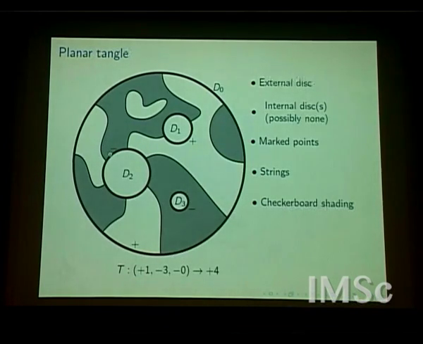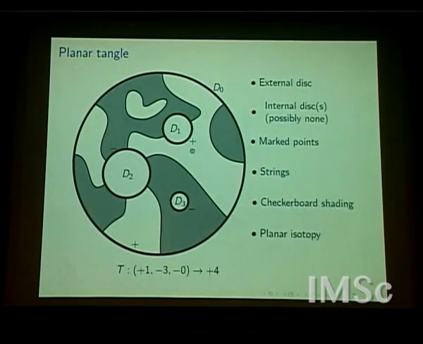Now, you also have planar isotopy. Planar isotopy means this is on a plane, and you can take isotopy, so basically the things are elastic, you can move around freely, but without making any crossings. So it cannot be non-planar, it has to be planar. And such a tangle you will think of as having multiple inputs and one output, and the input and output will be labeled by signed non-negative integers.